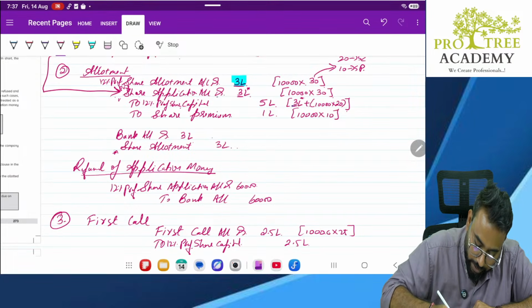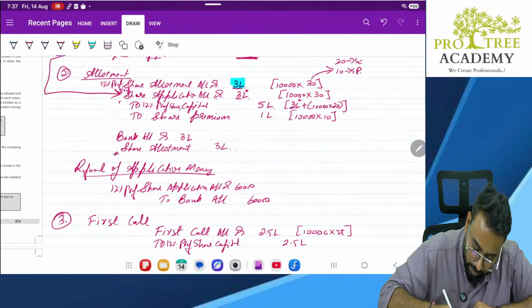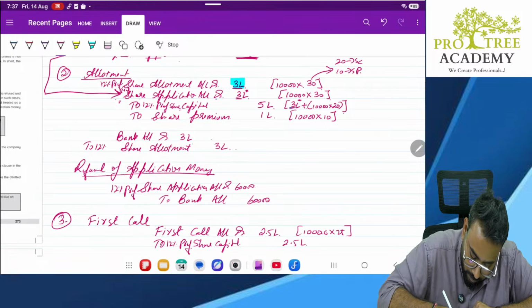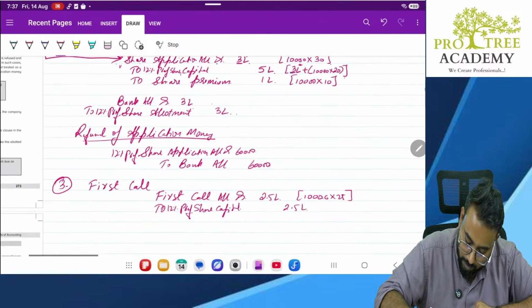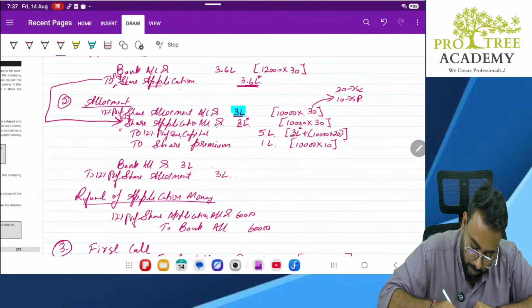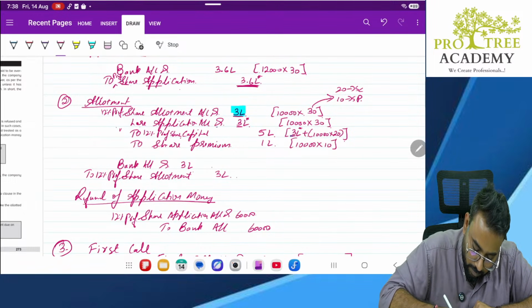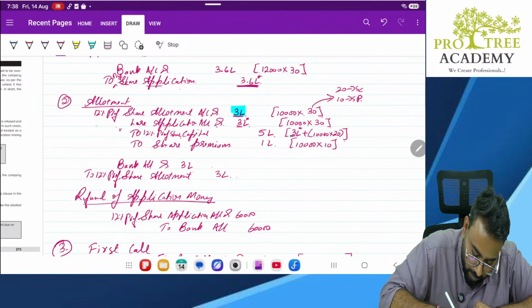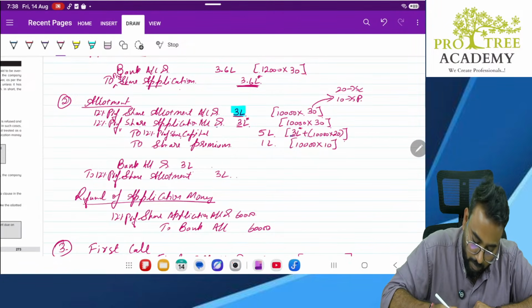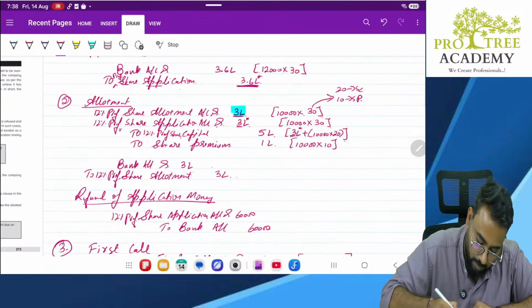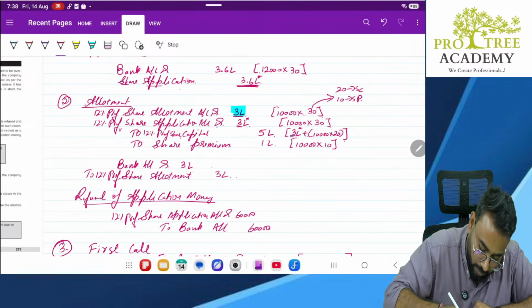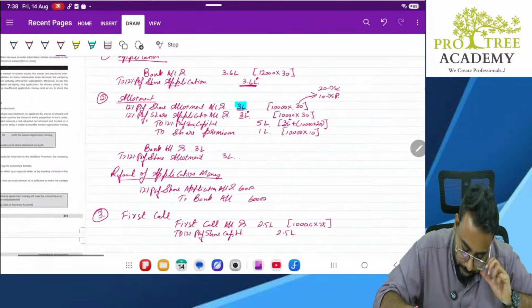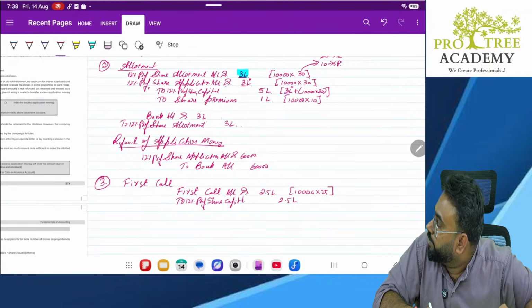Why make it so complicated? Okay. Use the word 12% preference shares.